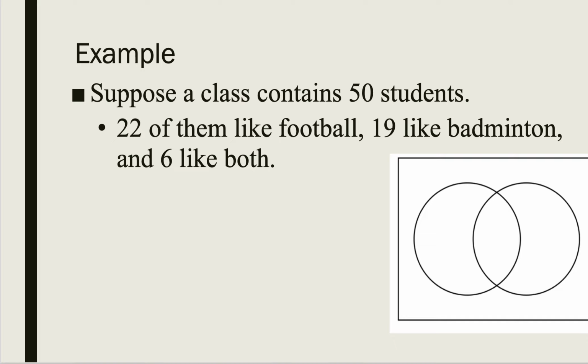All right, so we have a class that has 50 students. And we're told that 22 students like football, 19 students like badminton, and 6 like both. So I'm going to go ahead on my diagram and label my two circles. I have two sports, so I'm going to make this circle the football circle, and this circle the badminton circle.